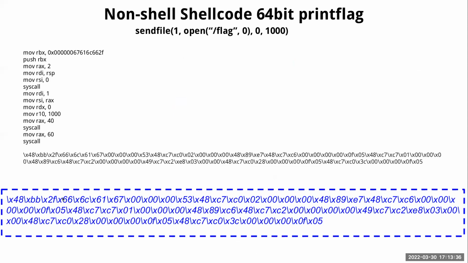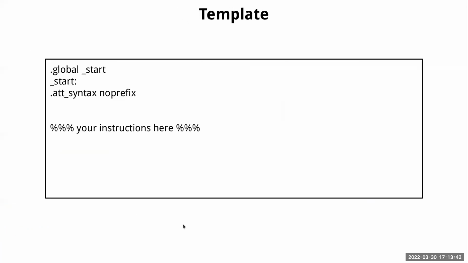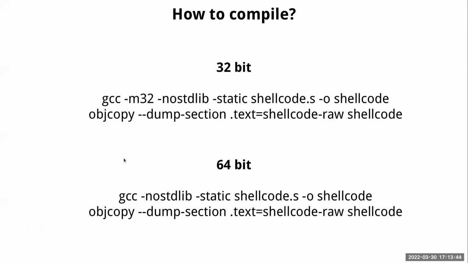What we want is only this piece of instructions, the bytes, right? That's why we have another tool in the tool chain. The tool is called objcopy. From the name, you can tell it's very similar to objdump. Objdump shows you the ELF file's different sections. With objcopy, we can copy different sections.